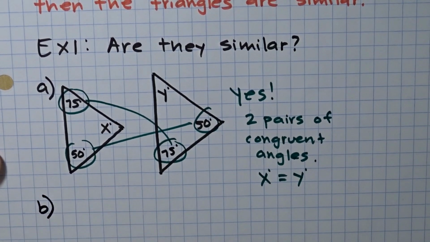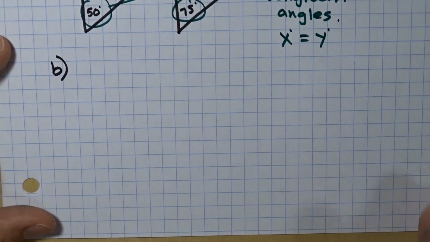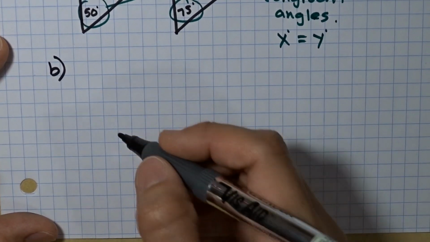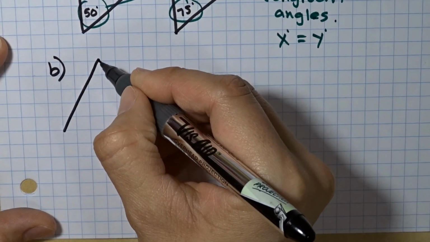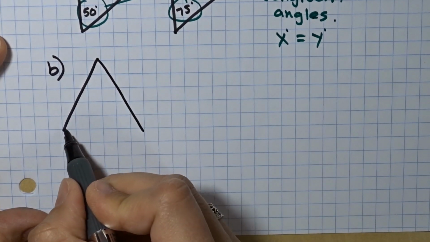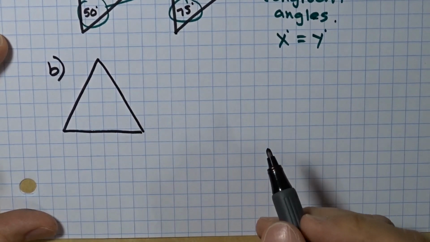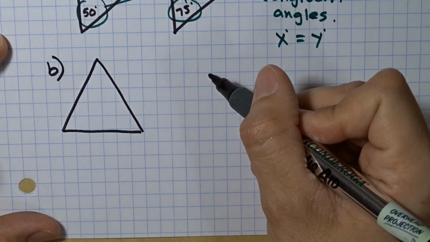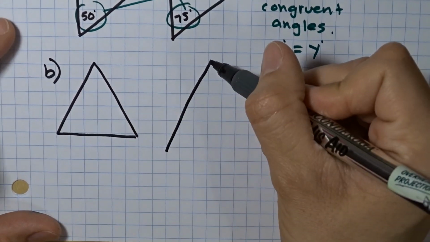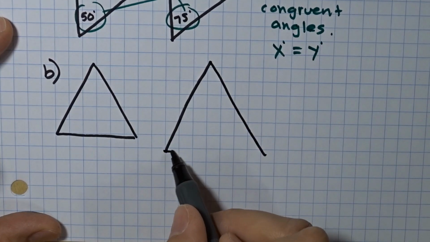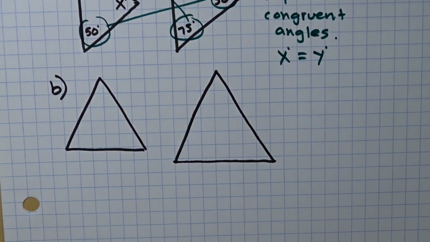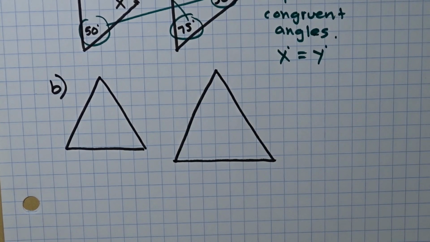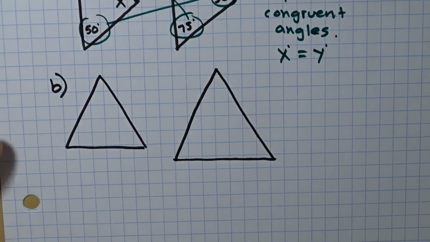And let's try another one. When you have similar triangles, one of them will always appear a different size than the other, unless they're identical, and that will mean that they're congruent.